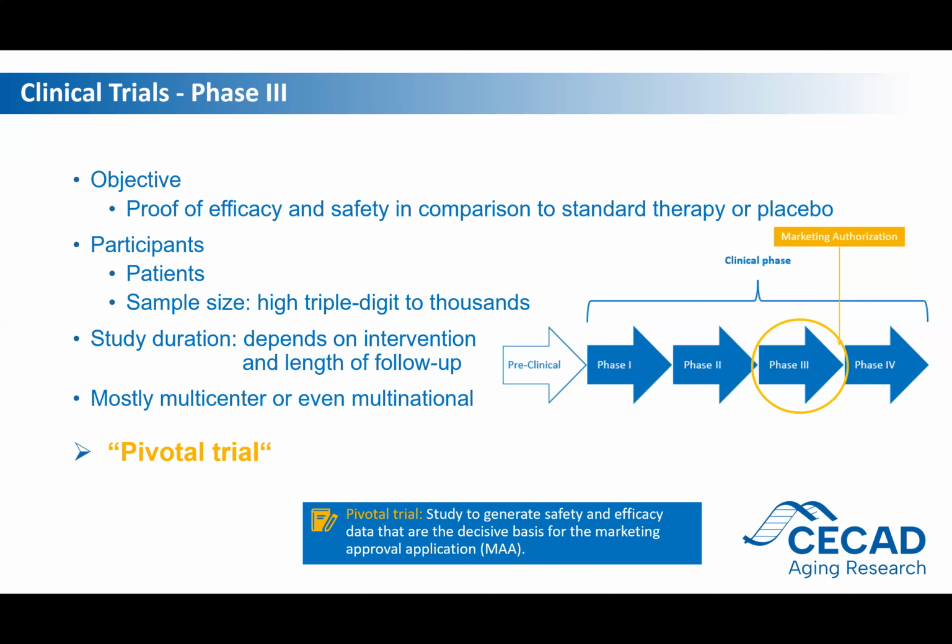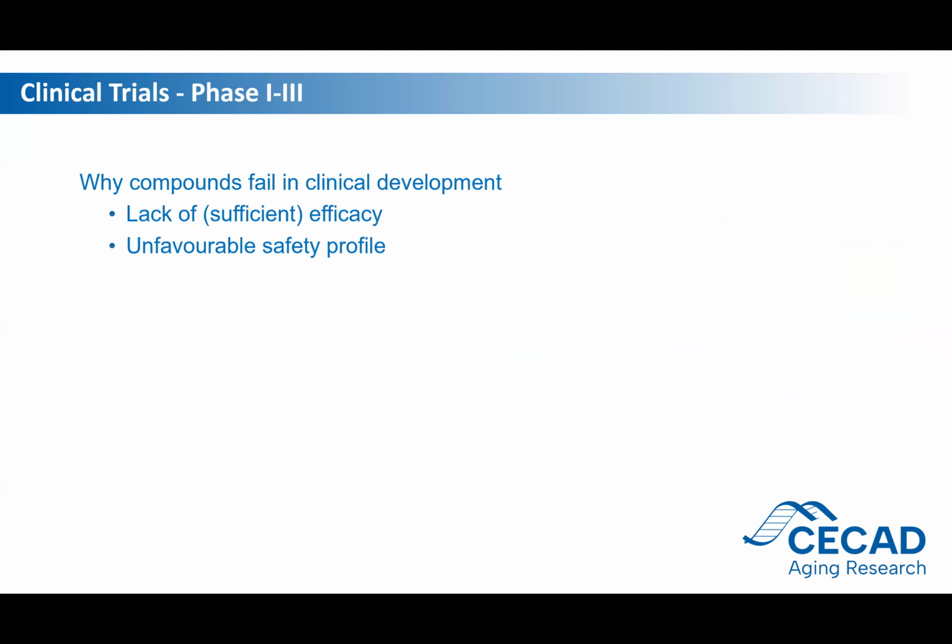decrease. And if you remember back to what we heard about all the objectives of the different phases, we are always talking about efficacy and safety, of course. So the main reasons why compounds never reach the phase of a marketing authorization is usually a lack of efficacy, so no efficacy at all, or not sufficient efficacy.